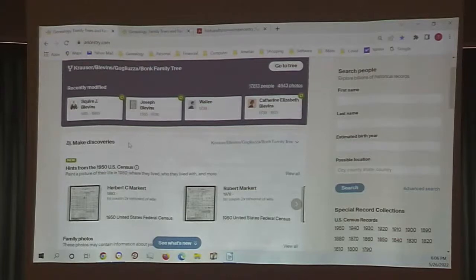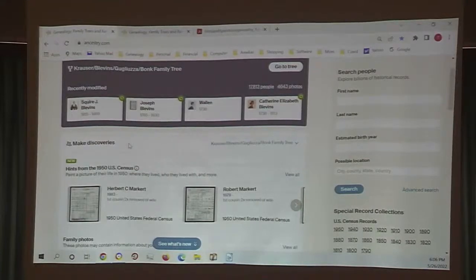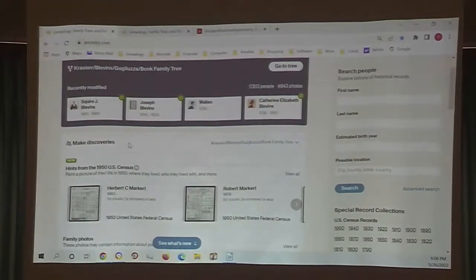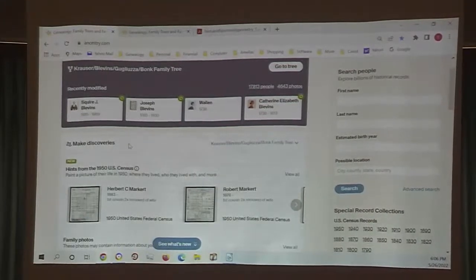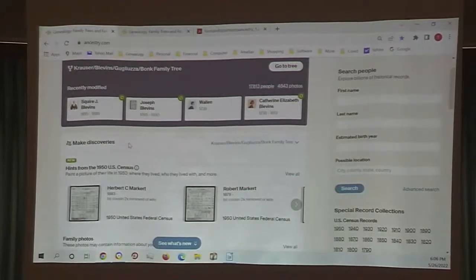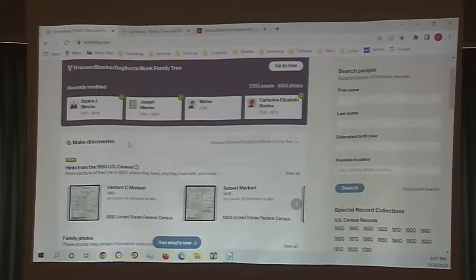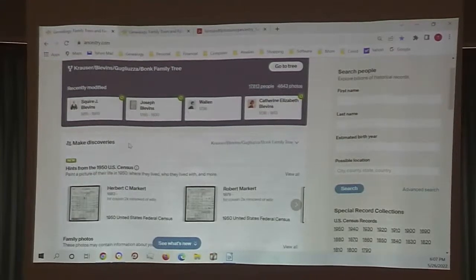If I choose to drop my subscription to Ancestry, I still have everything on my local hard drive and then backed up to my backup drives and everything else. I don't really do a lot in Family Tree Maker other than do all my research and then I sync it. Does everybody know what syncing to Family Tree Maker is? Do you have Family Tree Maker on yours? I don't, but I'm thinking I'm going to take up Ancestry.